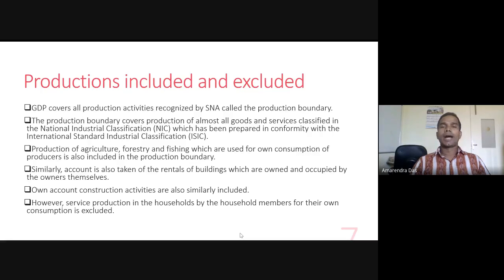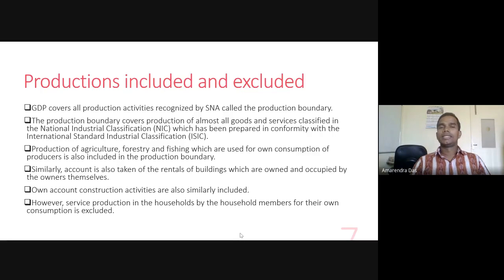But if you hire a tutor for your children for their education and give money, then that will be included in the GDP. Similarly, if you are hiring a nurse to take care of your baby or your parents or anybody in the family, and you are paying money to the nurse, that will be included in the GDP. But if we are taking care of our own children or our own parents, then that service will not be accounted for in the GDP.